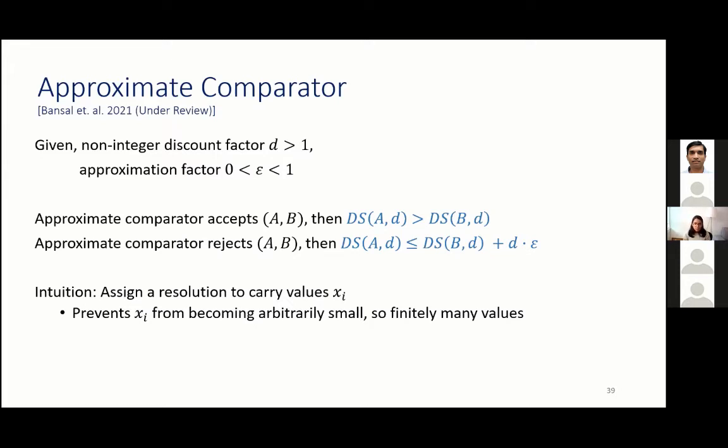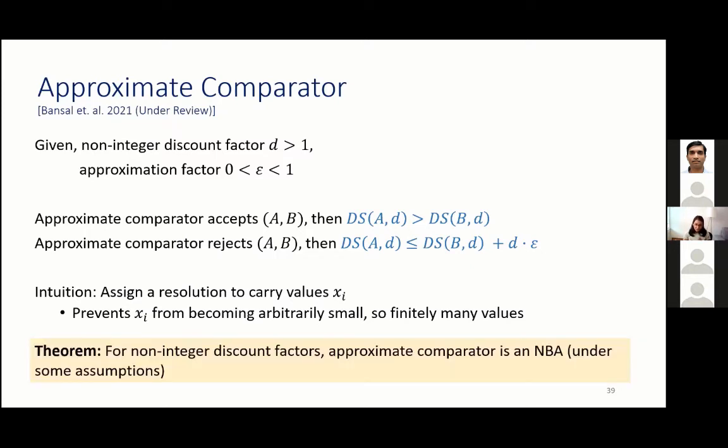And then once we do that, because it prevents the carry values from becoming arbitrarily small, there will be finitely many such values. And then we can reconstruct the comparators as we did earlier in order to obtain a non-deterministic Büchi automata. And there are some assumptions under which this happens, but these assumptions are on the resolution value, so they are non-restrictive assumptions.